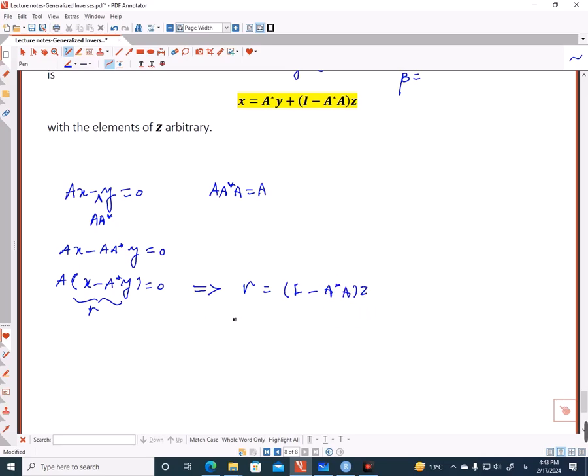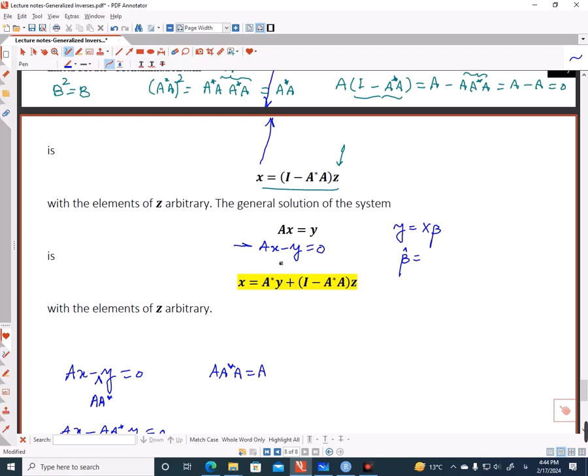Now let's replace R. So we have x minus A star y equal to I minus A star A, sorry for my bad handwriting, z. And then we can finally conclude that x is equal to A star y plus I minus A star A z. And it is actually a general solution to this equation, the thing that we already discussed in the previous video for all the solutions.